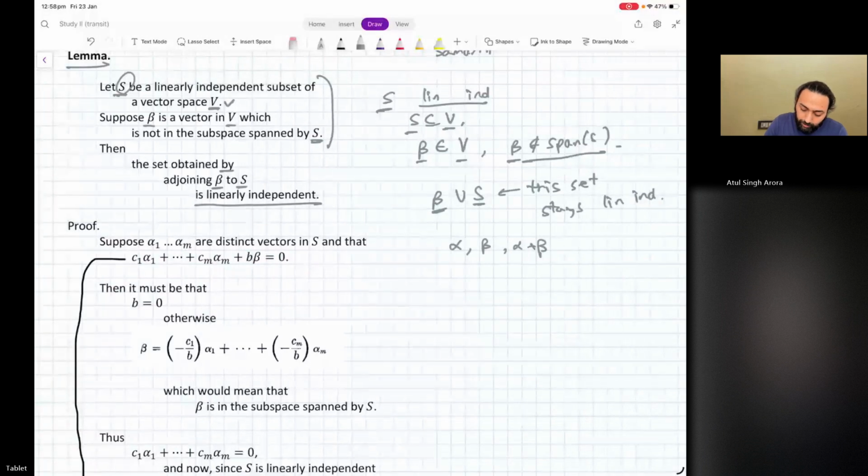Let me write it as sets because that is easier. If {alpha, beta} is linearly independent, then {alpha, beta, gamma} may not be linearly independent.